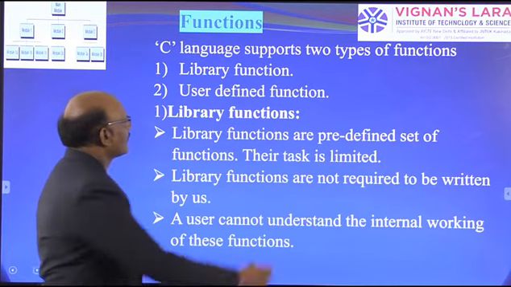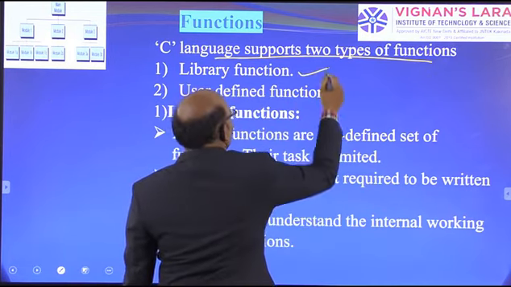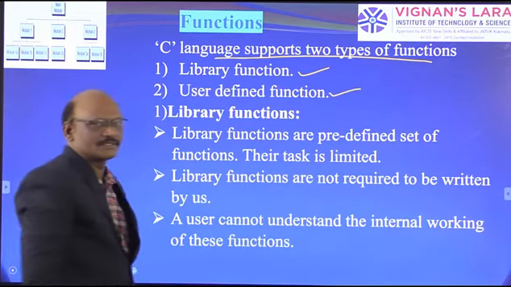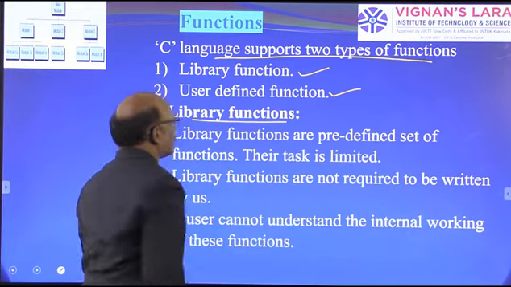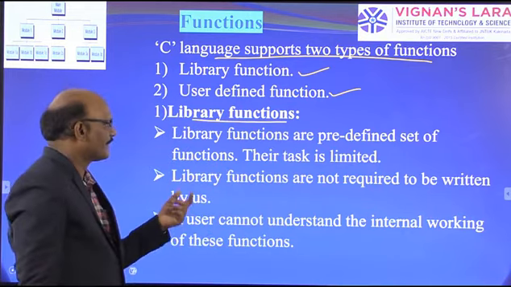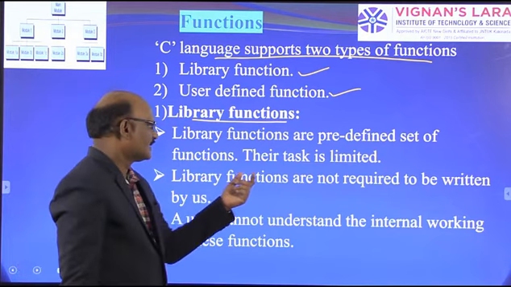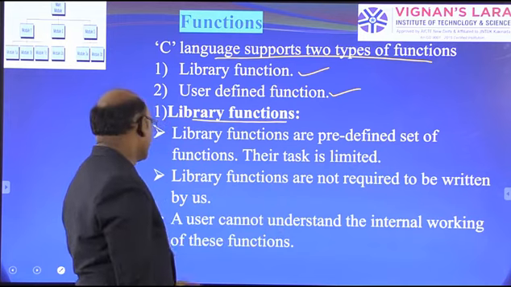Next, the C language supports two types of functions. One is the library function, another one is the user-defined function. So what is a library function? Library functions are a predefined set of functions. Their task is limited. Library functions are not required to be written by us.